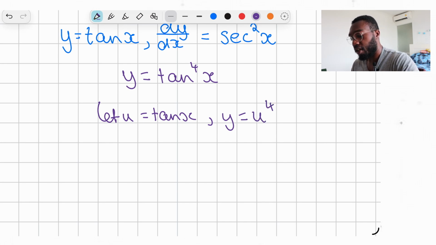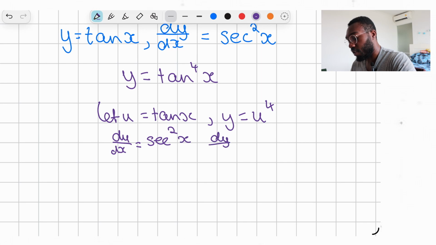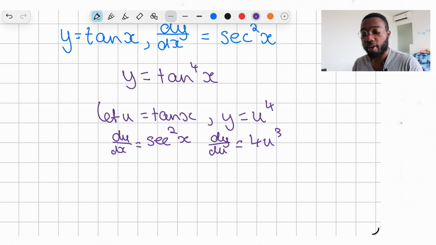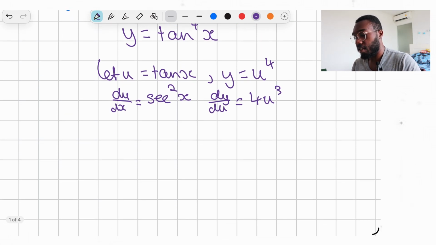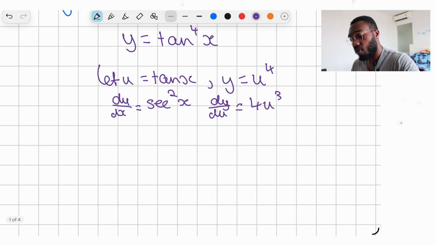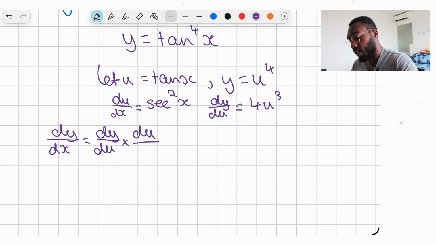So then if we differentiate, we'll get du over dx, that would equal sec squared x, as we just looked at. And then dy over du would equal 4u to the power of 3. And now we know that when it's in this form, dy over dx is equal to dy over du times du over dx.